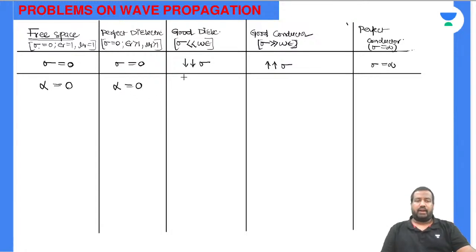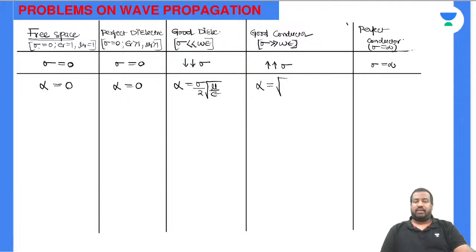No conductivity here. For good dielectric, attenuation alpha is sigma by 2 into under root of mu by epsilon. Sigma is less, therefore attenuation also will be less in good dielectrics.